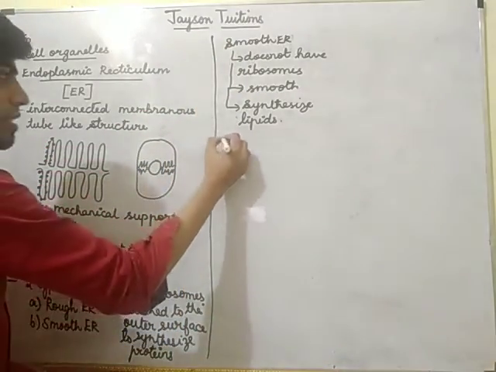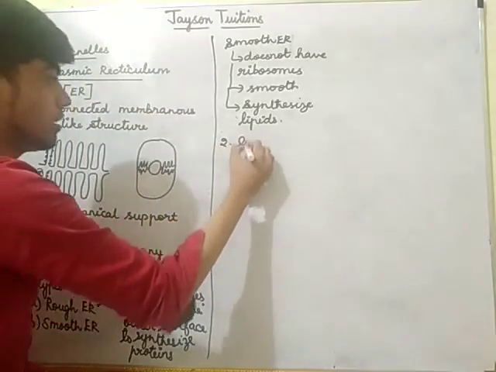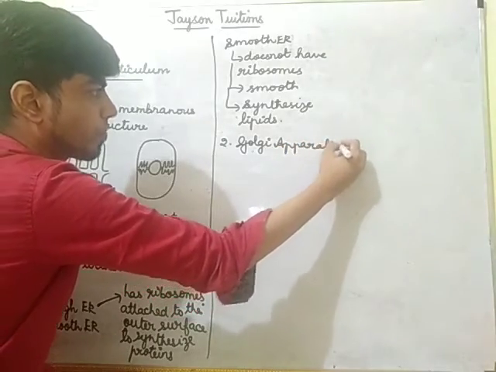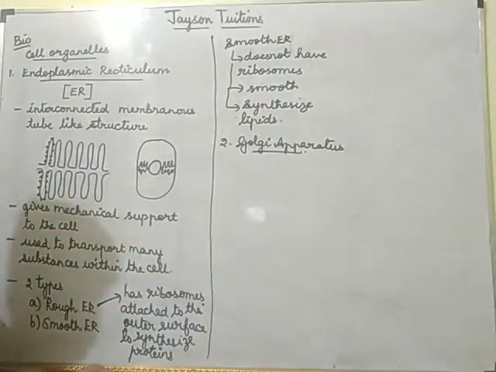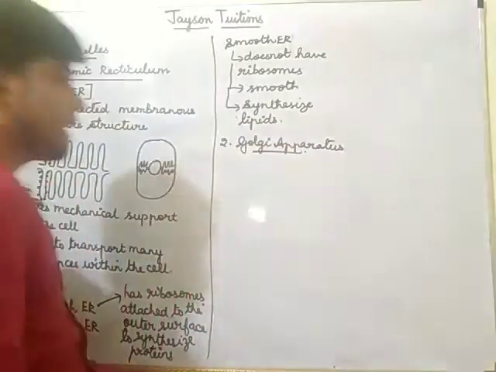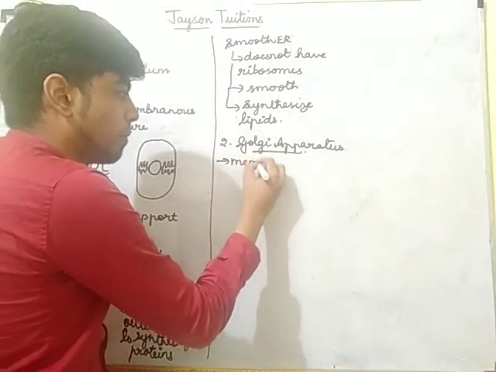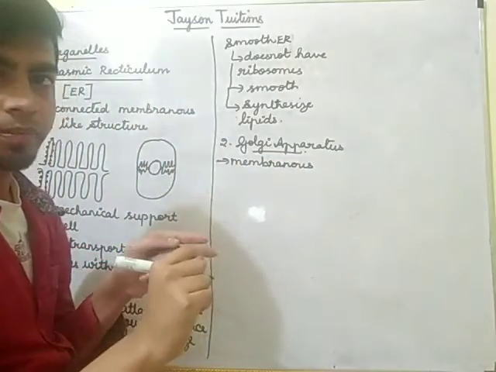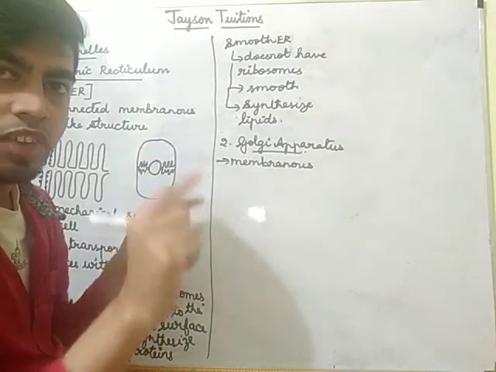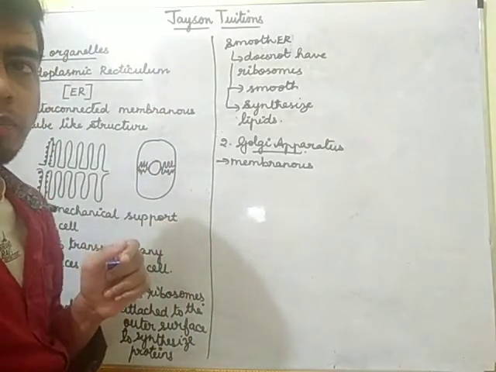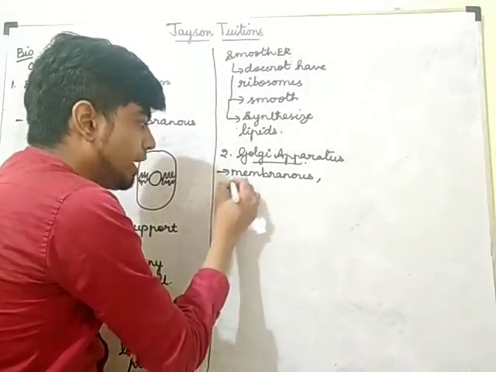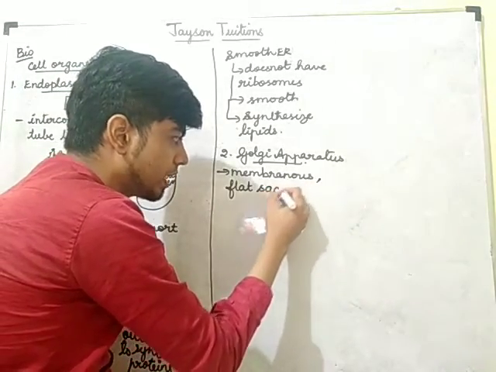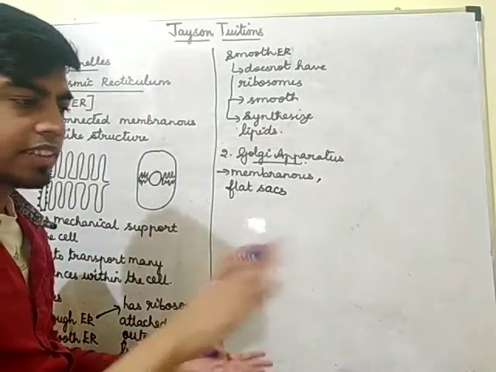The next cell organelle is Golgi apparatus. Golgi apparatus are membranous. Membranous means it is covered by a membrane. But it will be like flat sac-like structures.